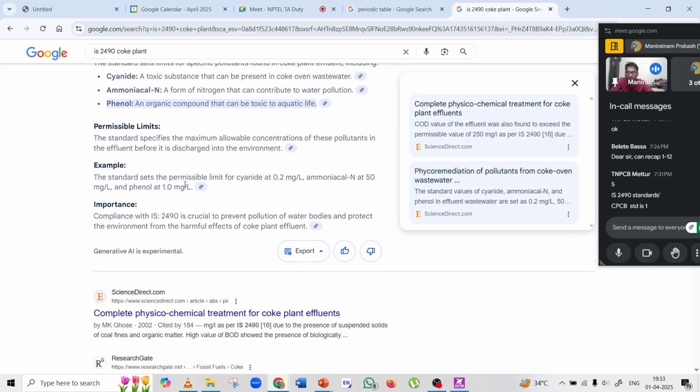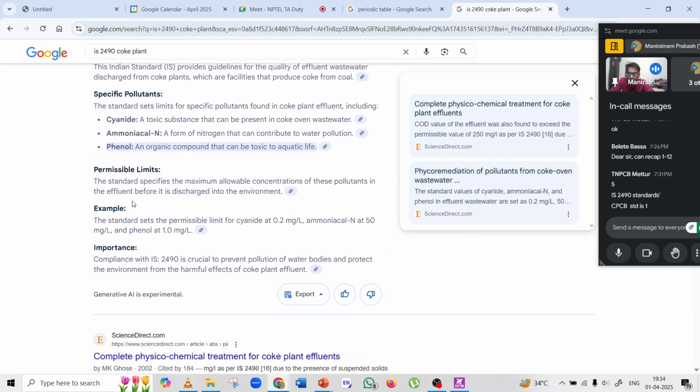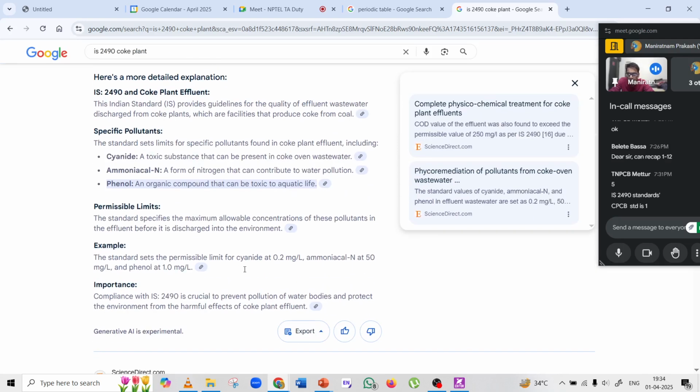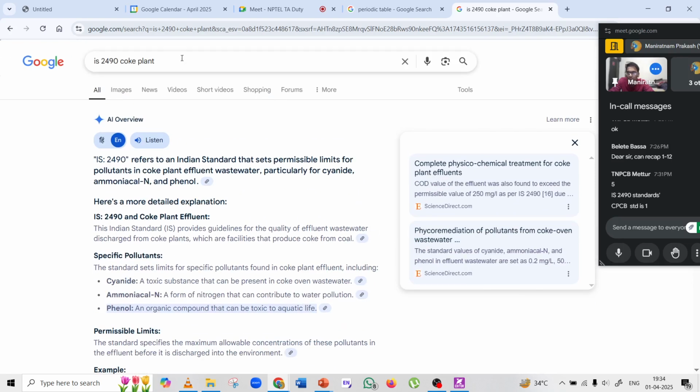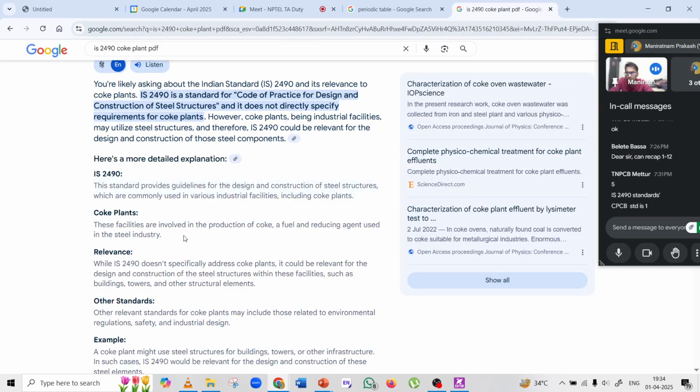Actually, it is one. I think in the PDF it is a printing mistake. Here you can see they have also written phenol at 1 milligram per liter. Just let me open the PDF. If I get the PDF, then it will be good.